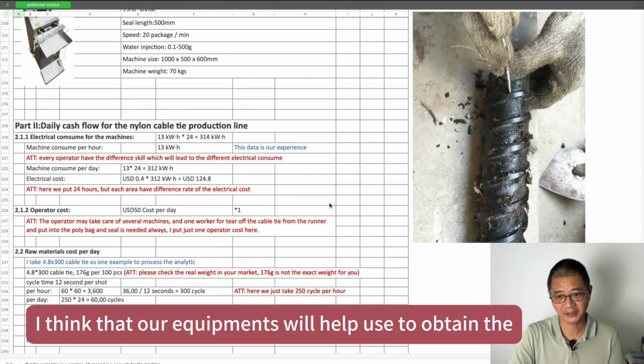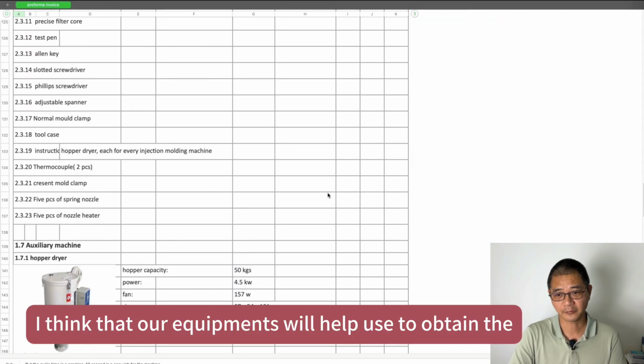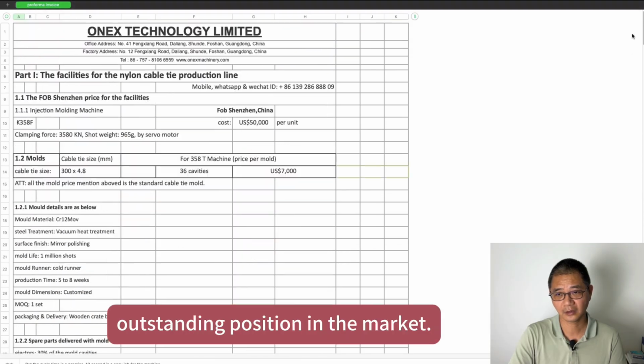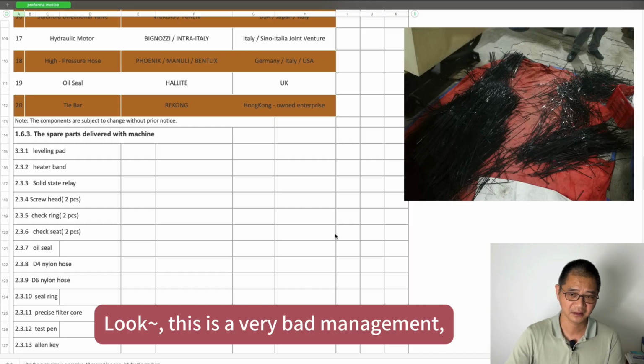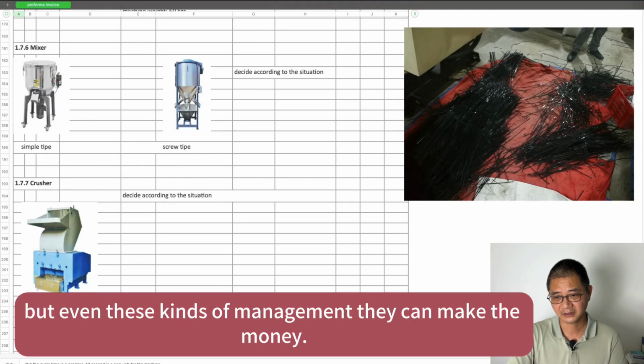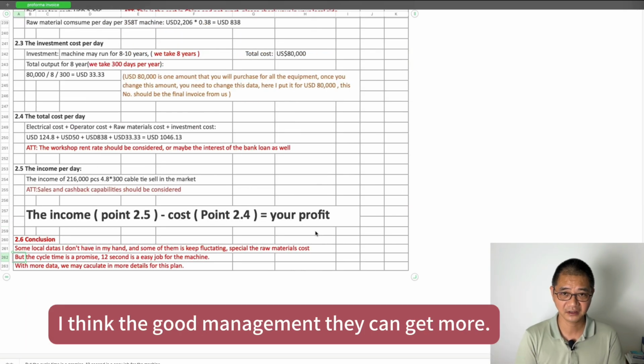I think that our equipment will help you obtain an outstanding position in the market. Look, this is very bad management, but even this kind of management can make money. I think with good management, they can get more.